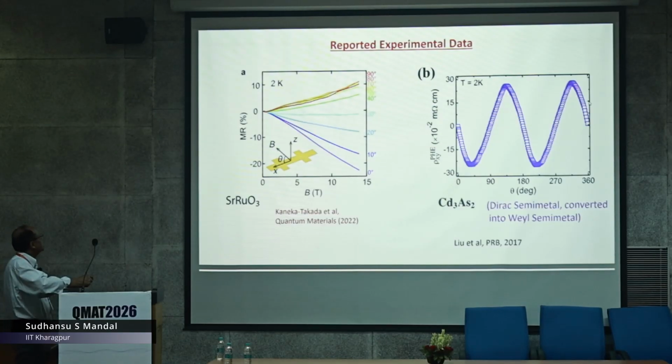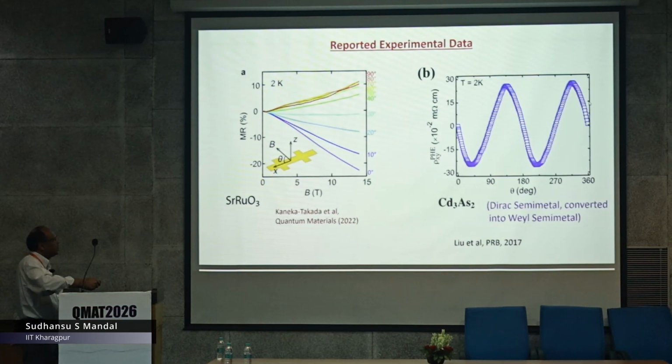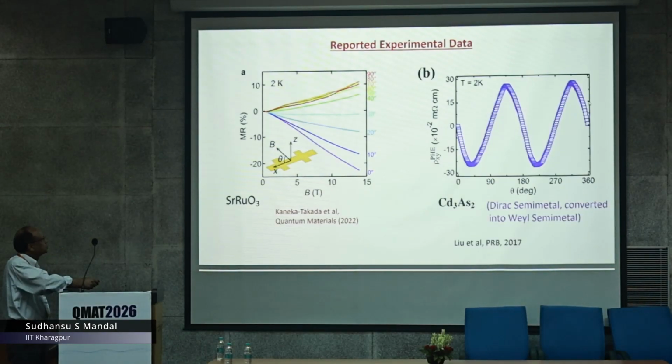So you can see that the magnetoresistance is negative here. That's good. And then there are also oscillations of the Hall resistivity, rho xy. You can see the Hall resistivity is also periodic in theta. The prediction was for the extremum at 45 degrees.